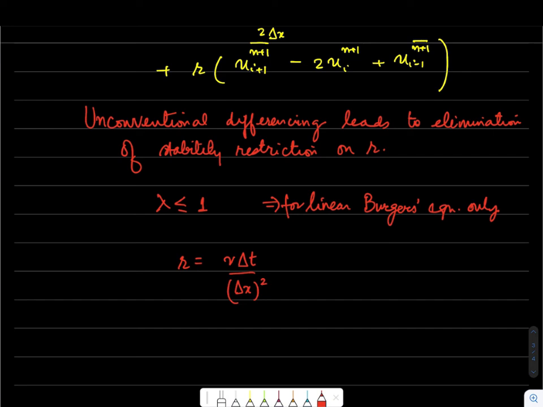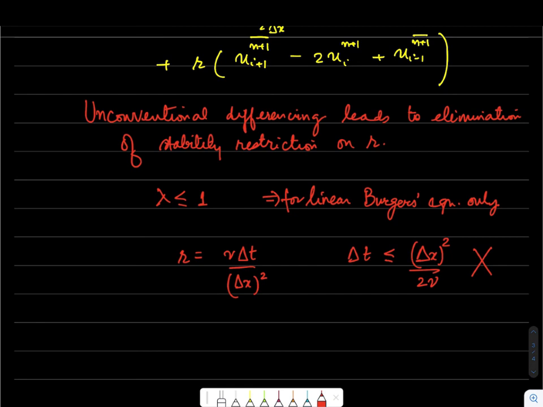Technically, delta t in the Brailovskaya method had to be less than or equal to delta x square by 2 nu, but this is no longer required here. If the viscosity is large, a much larger delta t can be used, because the remaining condition is independent of viscosity. We get freed from the other condition, because if nu is large, that number would be small, because of which delta t would have to be smaller. But since this is no longer valid, if nu is large, I need not worry about a small delta t.